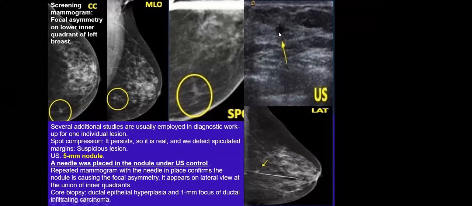See, just after biopsy, a needle was placed in the nodule under ultrasound control. You see, they put the needle, and they had done a straight lateral view. Why? To confirm that the area being biopsied is that nodule. It might be another area.